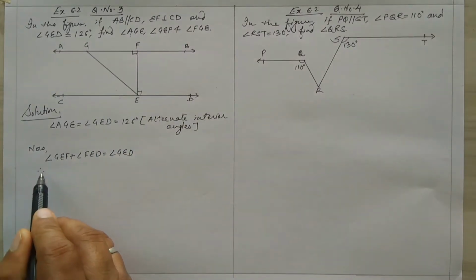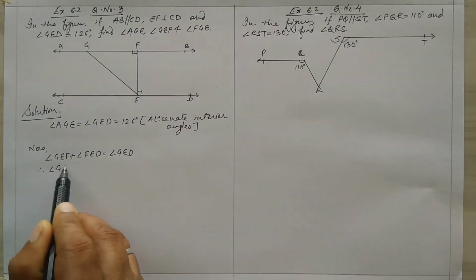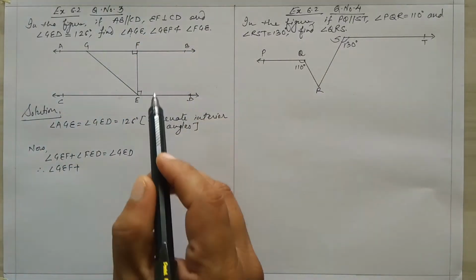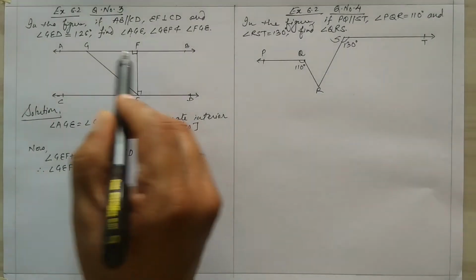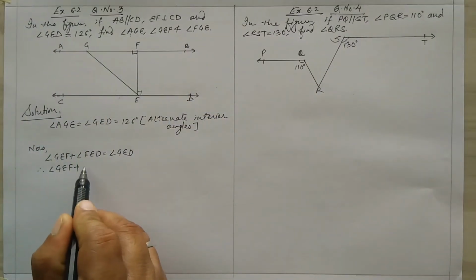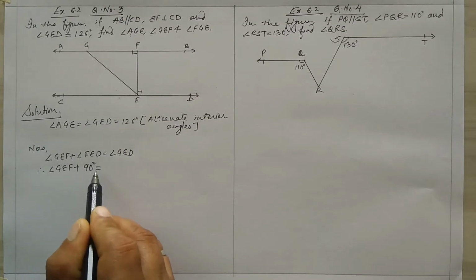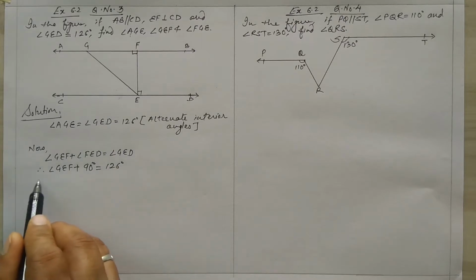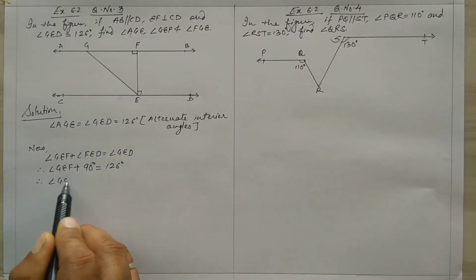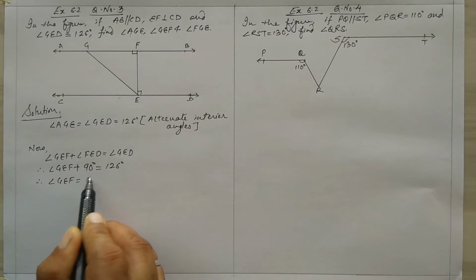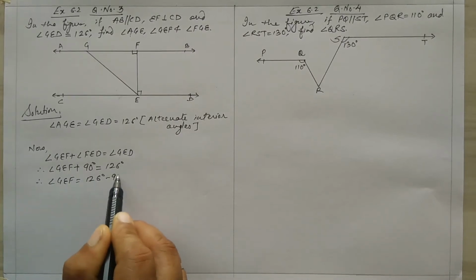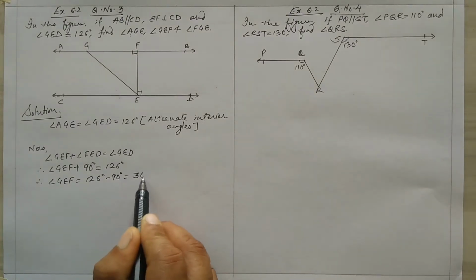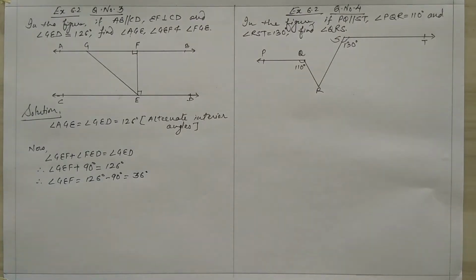So GEF we want to calculate, therefore angle GEF plus FED. EF is perpendicular to CD, therefore this is 90. It is also perpendicular to AB. So this is 90 degrees, and GED is given as 126. Therefore angle GEF is equal to 126 degrees minus 90 degrees, and that is 36 degrees. So we calculated GEF as 36 degrees.